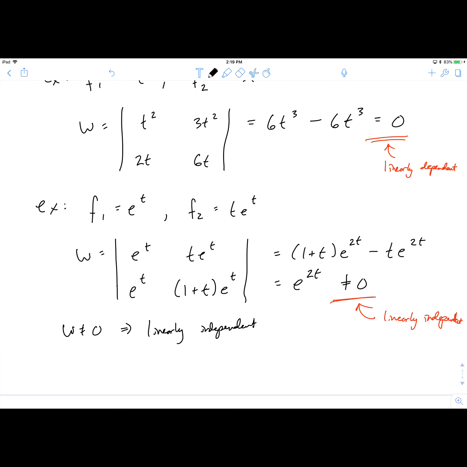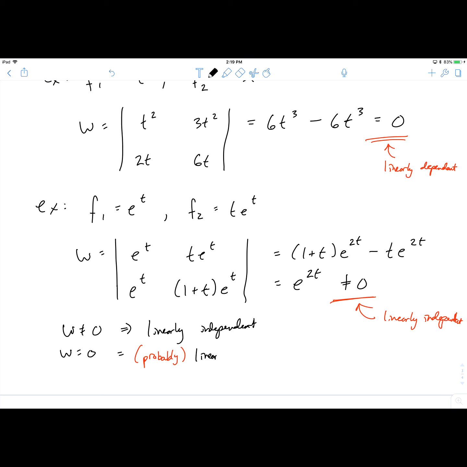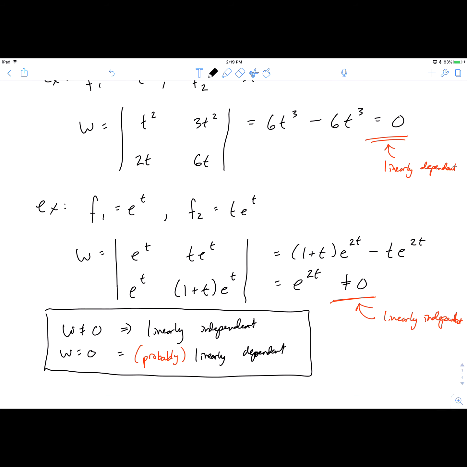If you get 0, it means that they are probably linearly dependent. So there could be a case where you can come up with some functions that don't fit this, but at least the first side is a strong conclusion. If you get something non-zero, they are for certain linearly independent.